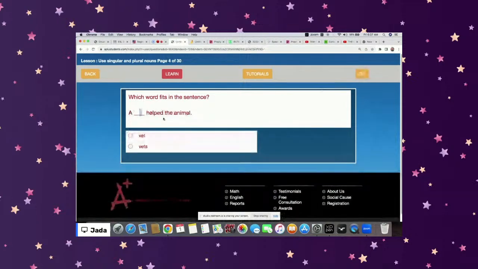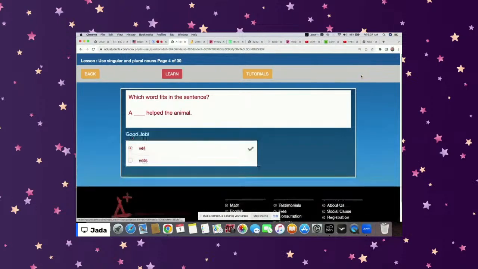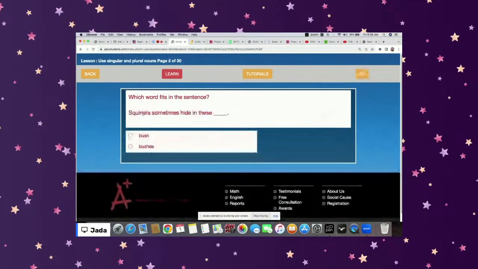A dash help the animal. A. So when it says a what? A vet or a vets? A vet, yes. Squirrels sometimes hide in these. So when you see this one, these bush or bushes.